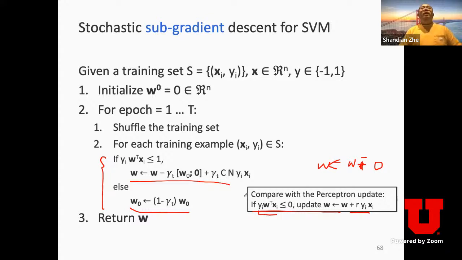In other words, is there some loss such that the perceptron update is just performing stochastic subgradient descent to minimize that loss? Anyone think you can find any implicit loss function that perceptron is actually minimizing?